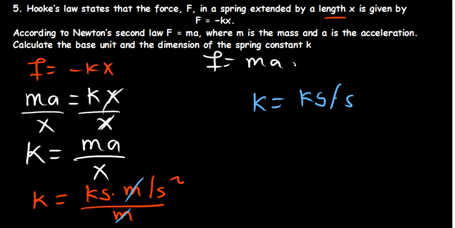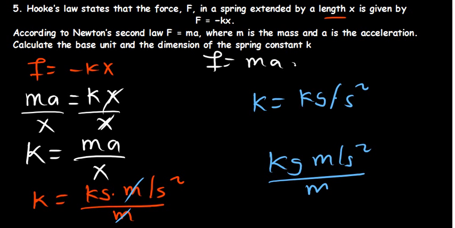Now, in this case, what we are trying to say here is this is going to be the units for k. But sometimes you can leave it the same as this, where I'm supposed to put a squared.